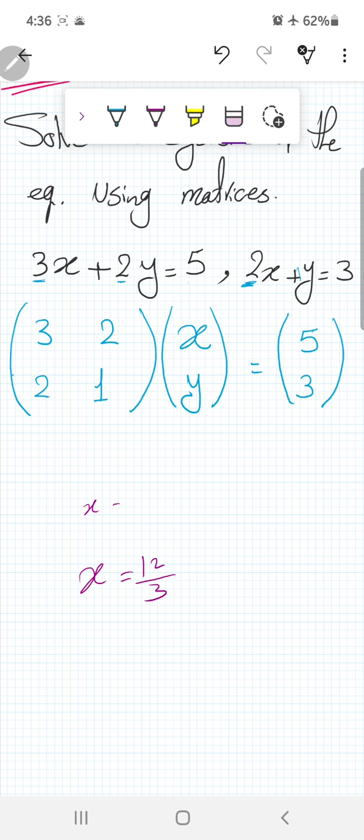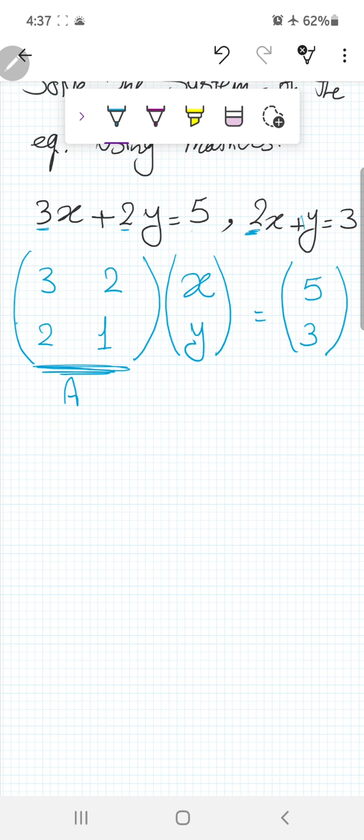Here also we want to get x and y, so move the matrix 3, 2 and 2, 1 to the other side by dividing. What is the meaning of dividing? It means we want to get A inverse, A to the power of minus 1. Here we have A, so we want to get A minus 1. Why? To move A to the other side.